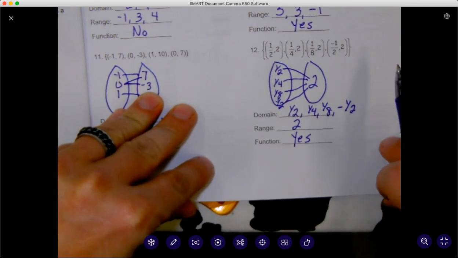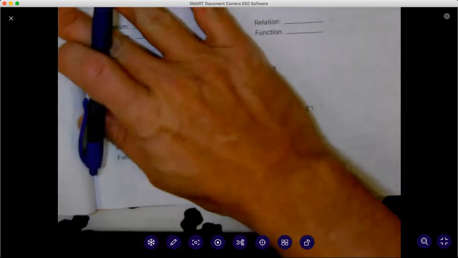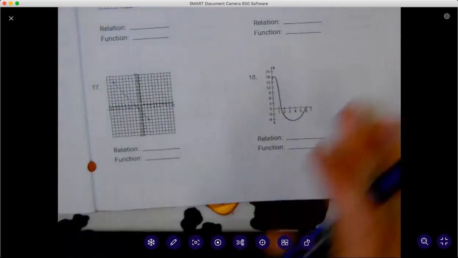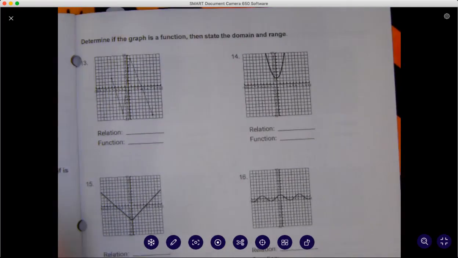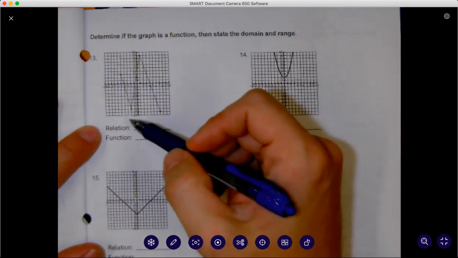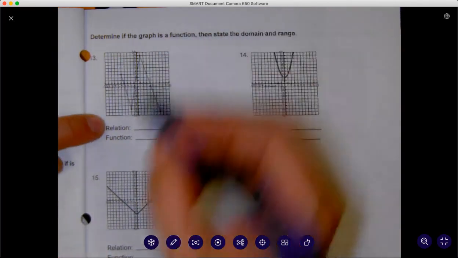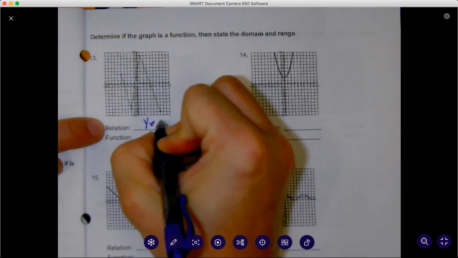All right. Third page. Okay, 13. We just got to decide if it's a relation and or a function. So first, is it a relationship? Yes. It's real easy.